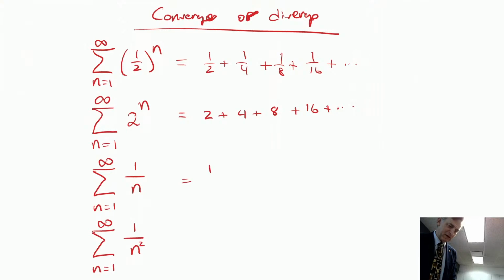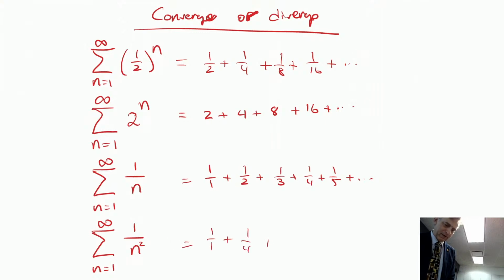This next one is going to be 1 over 1 plus 1 over 2 plus 1 over 3 plus 1 over 4 plus 1 over 5. You get the picture, don't you? This last one, 1 over 1 plus 1 over 4 plus 1 over 9 plus 1 over 16, 1 over 25. I think you get the picture.